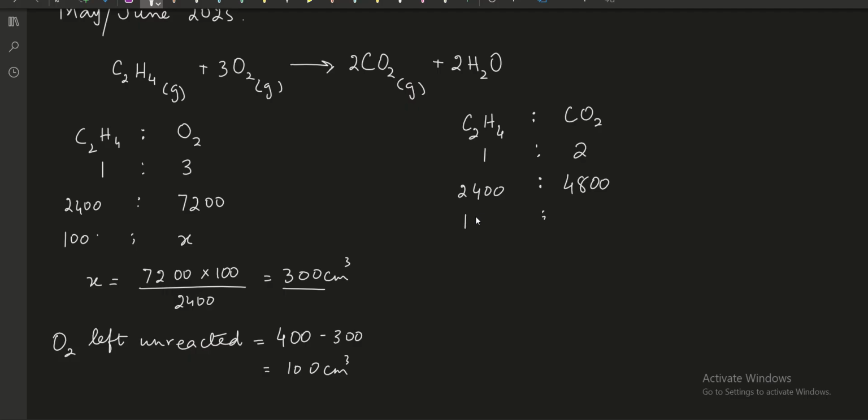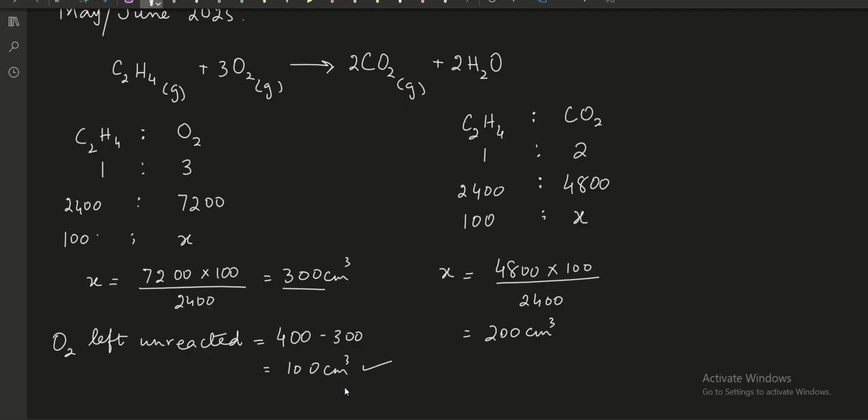And if you have 100 centimeter cube of ethene, how much carbon dioxide gas would be produced then? So it would be 4800 multiplied by 100 divided by 2400. The answer is 200 centimeter cube.